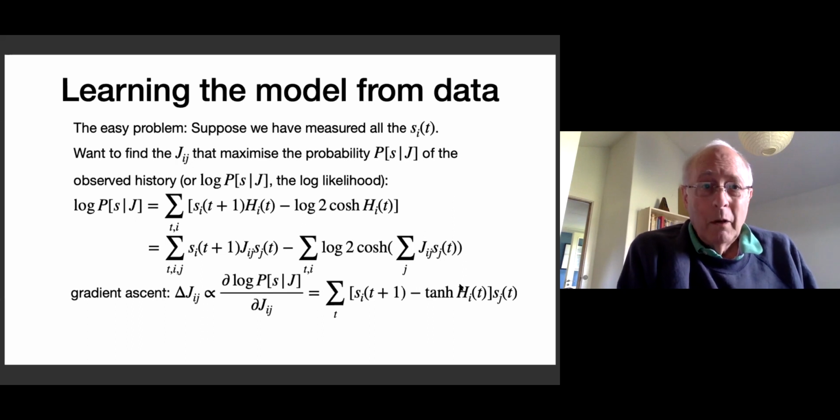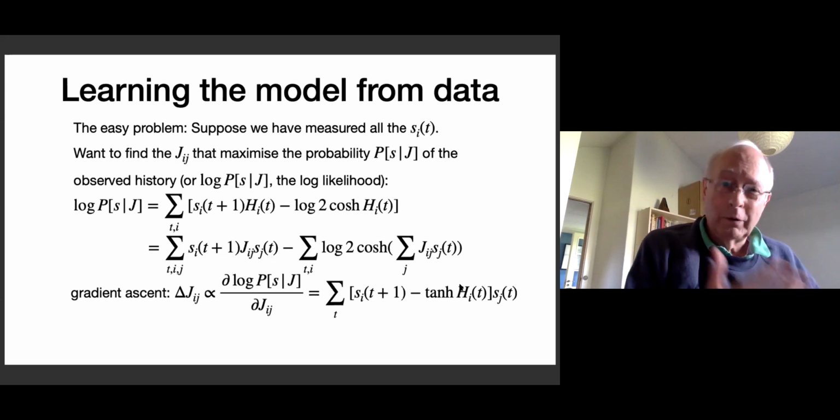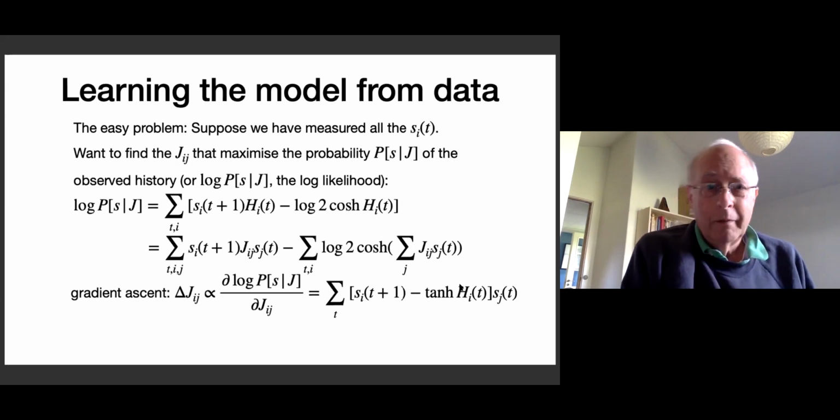And what we want to find is what J's most likely caused that. That is, we want those that maximize the probability of getting the observed S's, maximizing over the whole possible values of J.